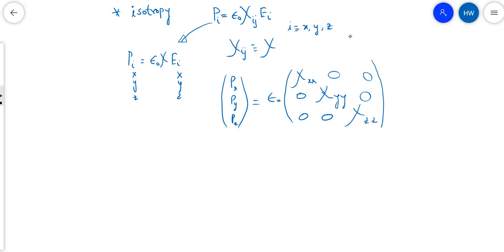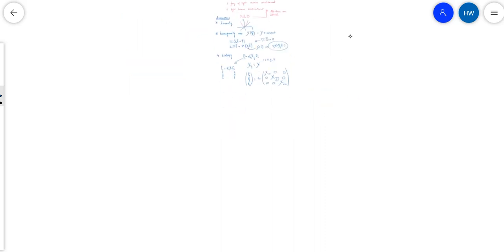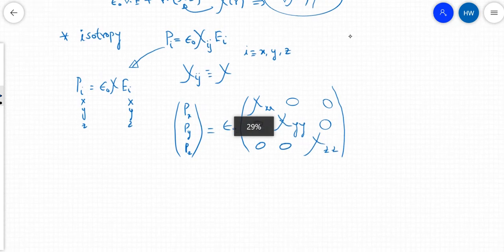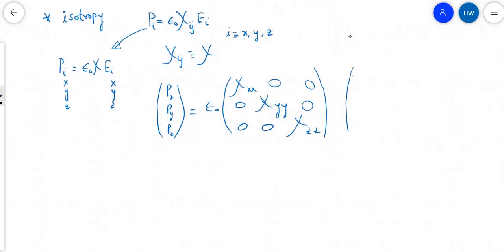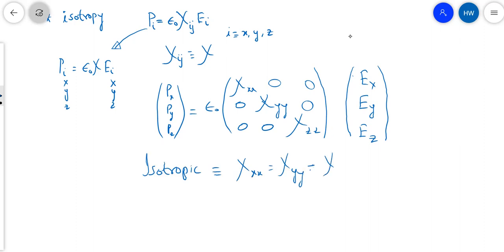These are my diagonal terms. I'm setting the off-diagonal terms to 0 because my description of the susceptibilities is along the principal axes. So this is the most general scenario.